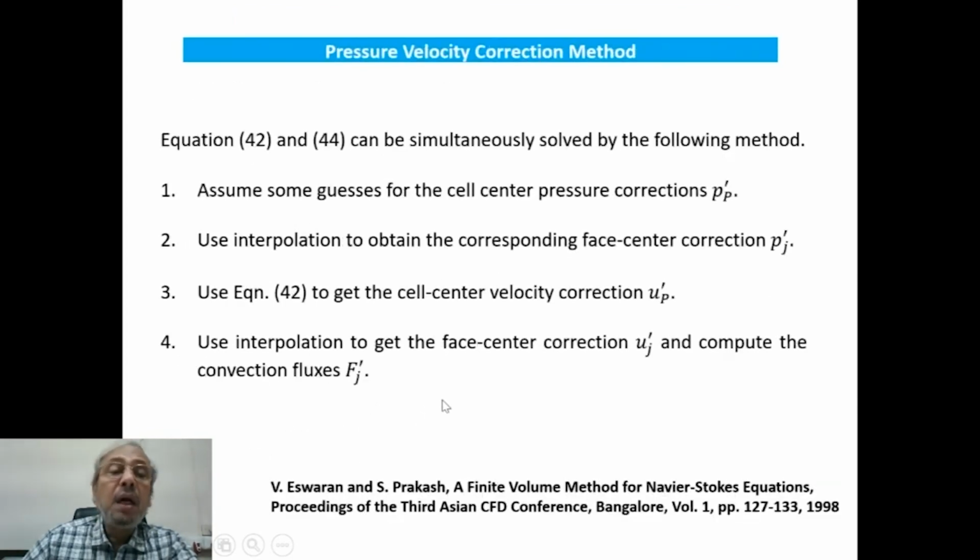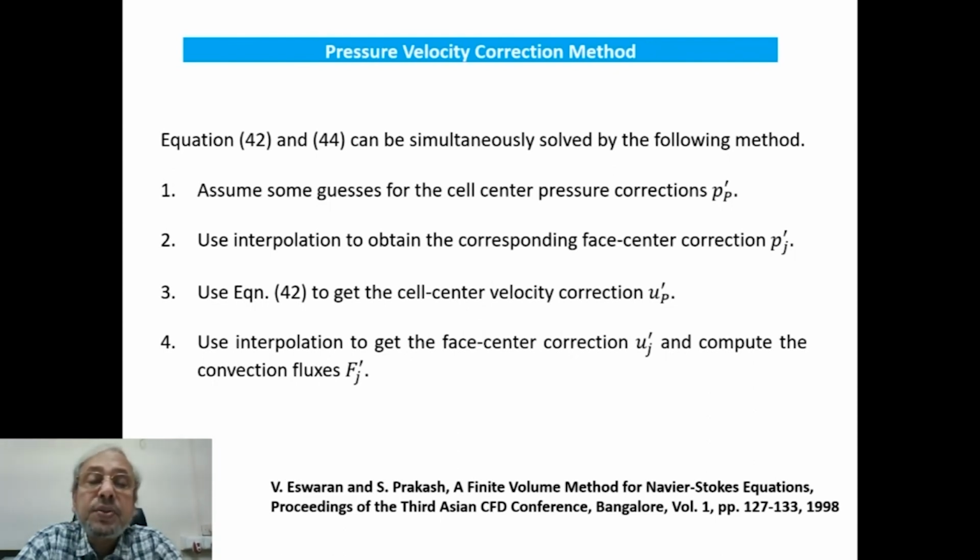So equations 42 and 44 can be simultaneously solved in the following way. This is as usual the pressure velocity iteration, which we already know from the MAC algorithm and the SIMPLE algorithm. Step one: assume some guesses for the cell center pressure corrections PP prime.